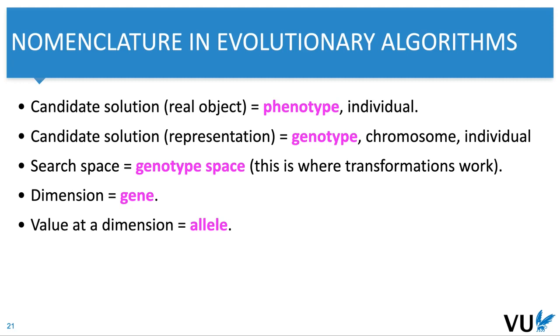Here we say gene, and when we talk about the value at a given dimension, evolutionary people also like to say allele, but I think it's not so important, right? It's important that we know what we are talking about, and if at any point you are a little bit confused, please go back to this slide and check it quickly.